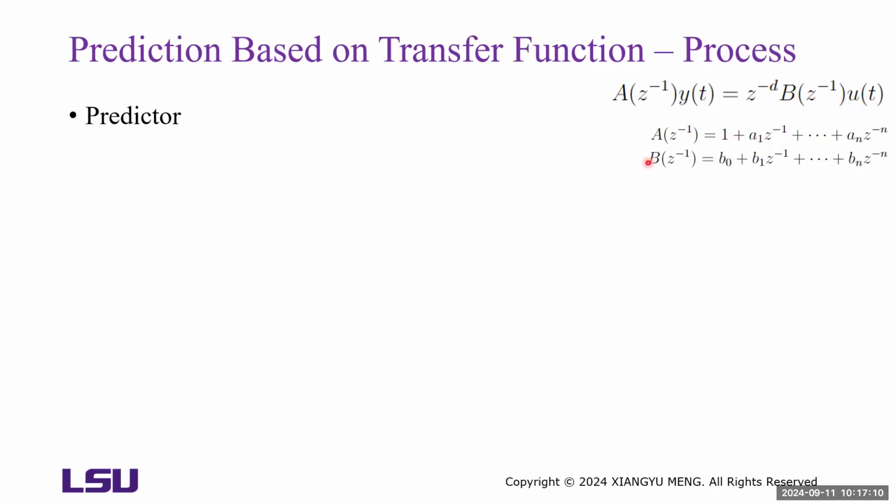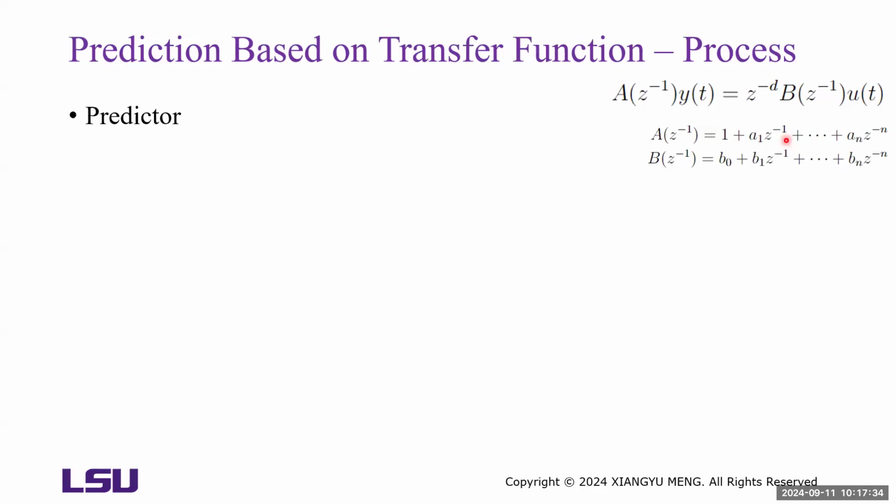A and B are polynomials with degree n. First, let's expand the input and the output using the polynomials A and B. We know z^-1 represents the time delay.